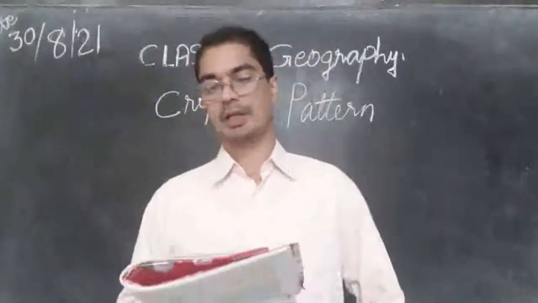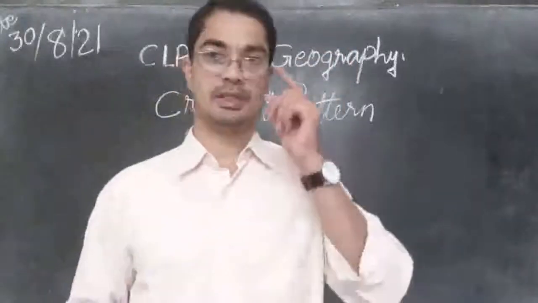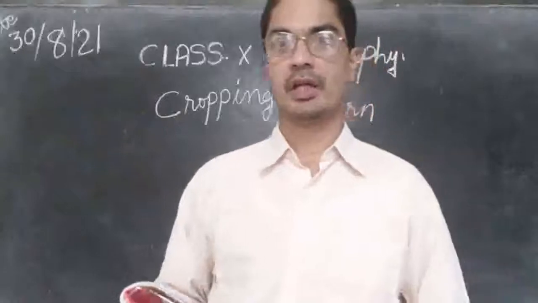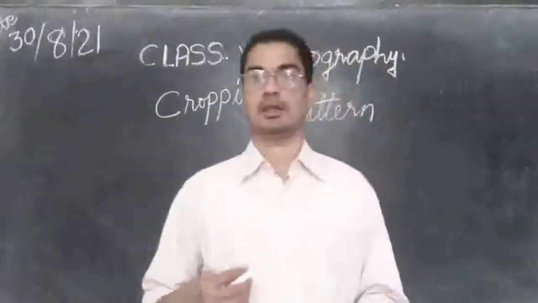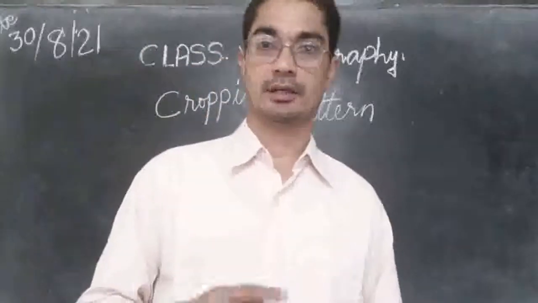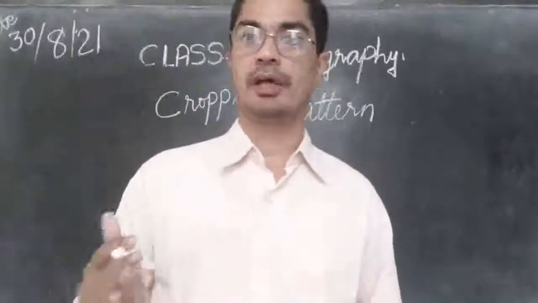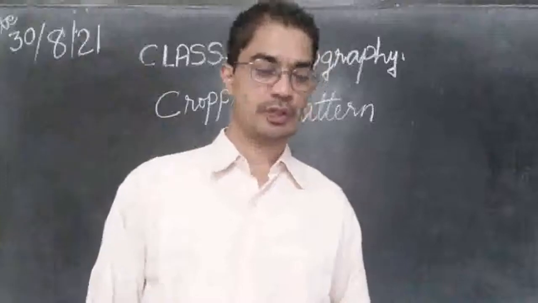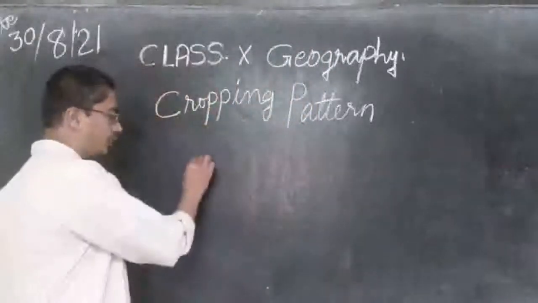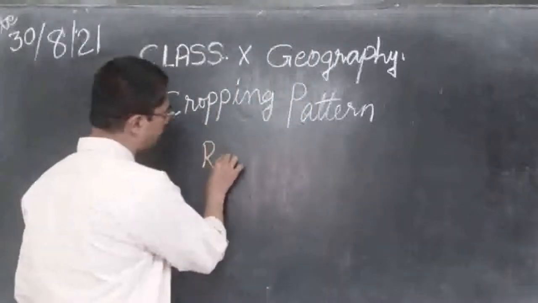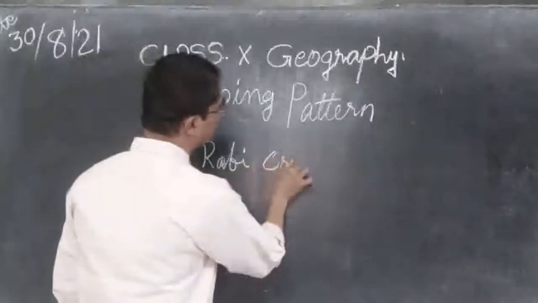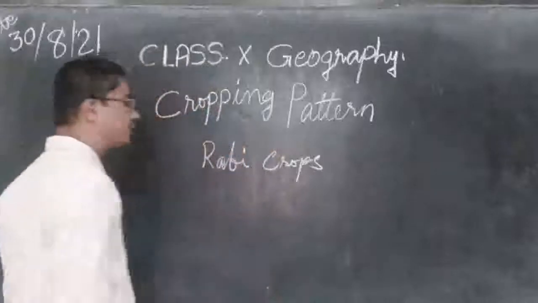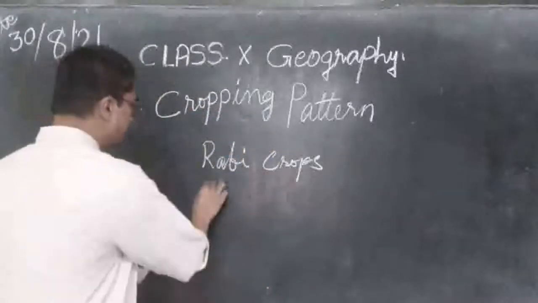And India has got 3 cropping seasons. We can have 3 types of crops in a year, and each one has a different name for that season. So the first one is Rabi crops. I'm quite sure you all have heard about these names. Rabi crops, then Kharif crops.